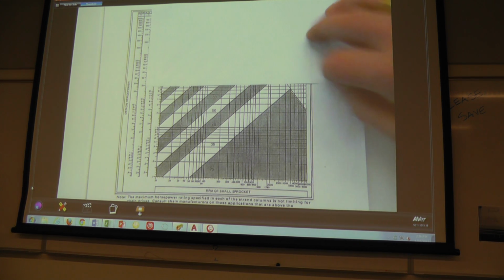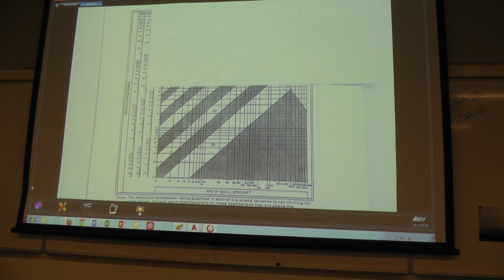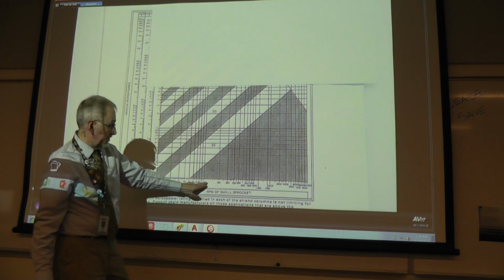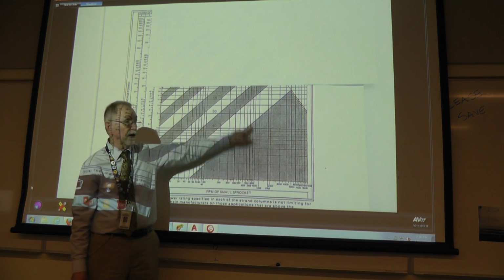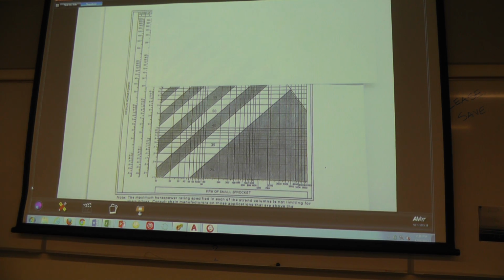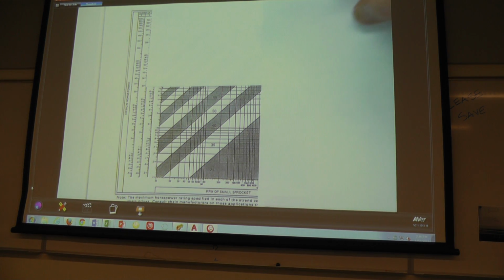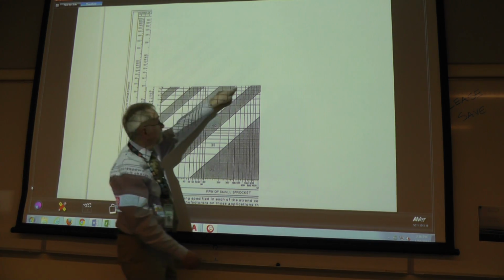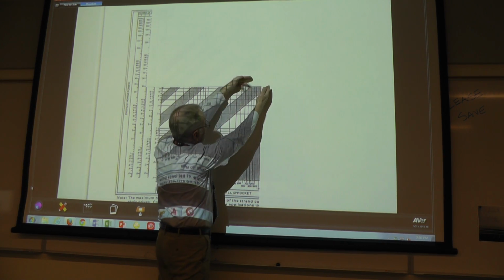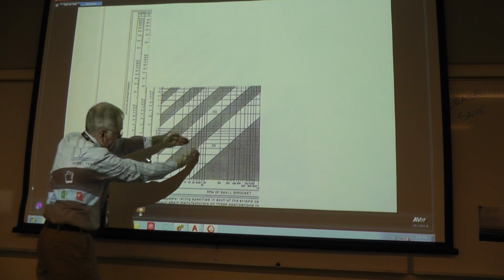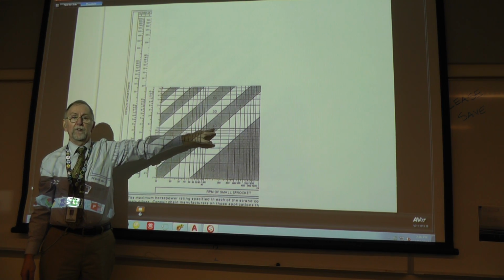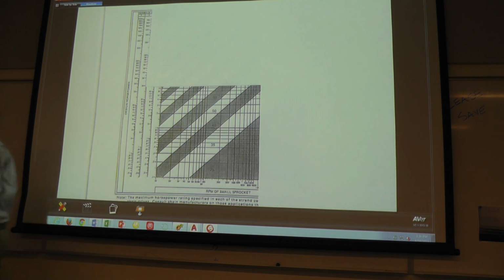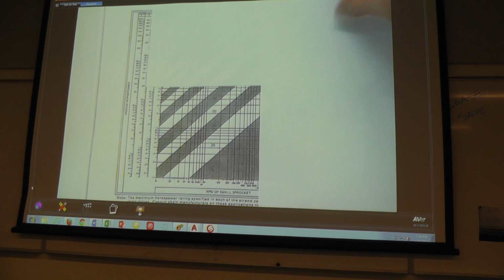I get a horizontal line. And then I look along the bottom until I find my 1200 RPM, or whatever the motor rating is, and I do a vertical line up from 1200. And where the 7.5 and the 1200 intersect, it falls in this band right here, which makes it a number 40 chain. Easy enough so far? Okay. So then we continue on from there.